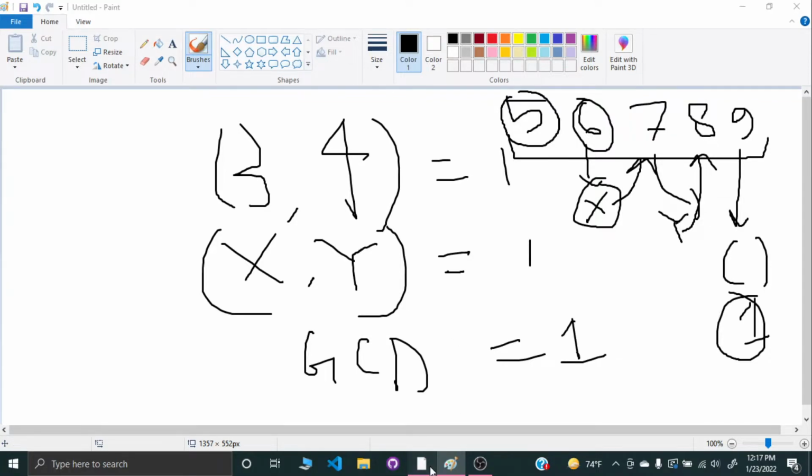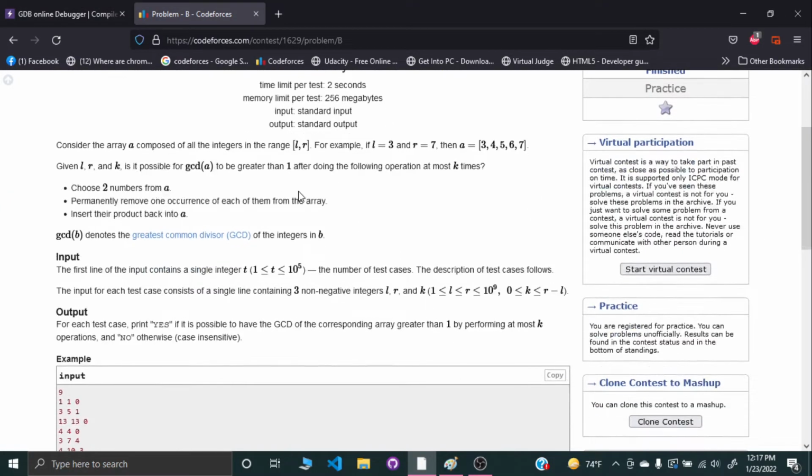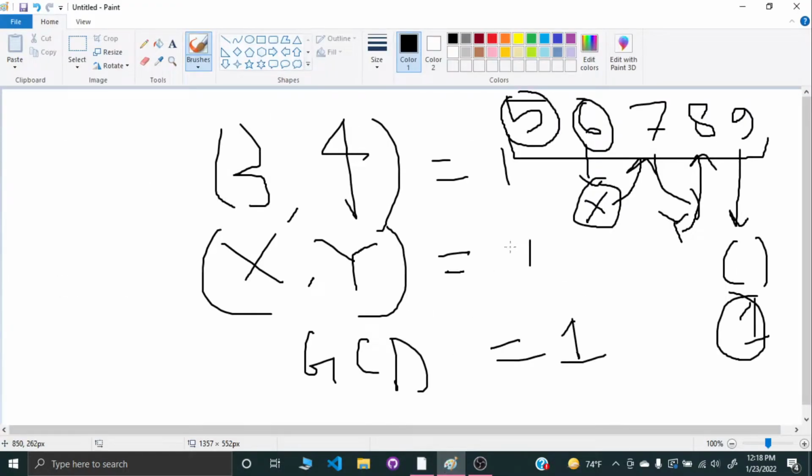Now if I jump onto the problem, what does it say? It says that I'm going to be given two values L and R, and the array would consist of values from L till R, increasing by 1, meaning that it's the exact array that I was talking about earlier.